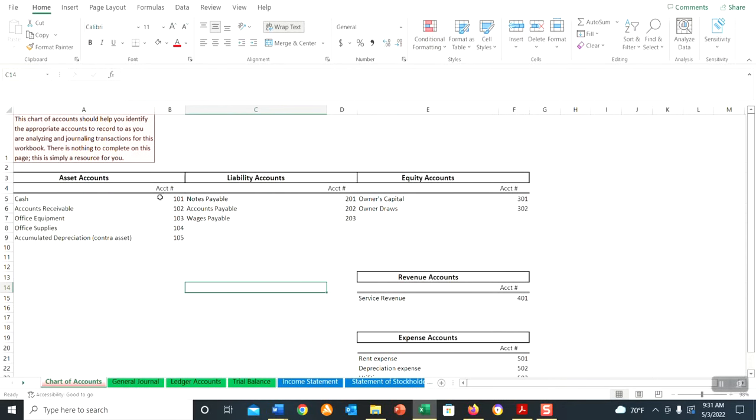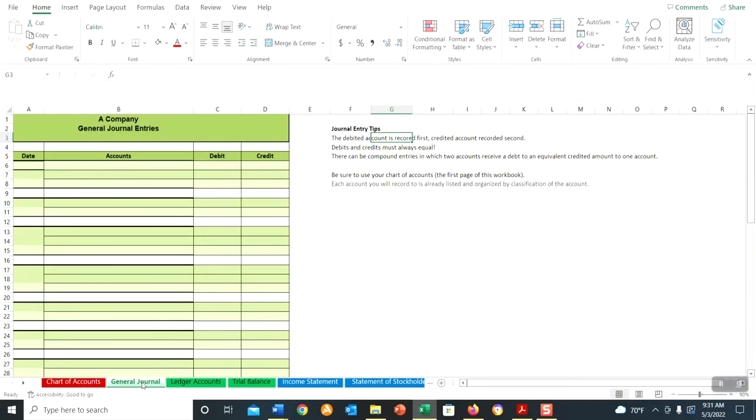After you familiarize yourselves with the accounts that you'll be recording to, your first step is going to be journaling these different transactions. Notice we've provided you some tips here. The debited account is always recorded first, the credited account recorded second. So we'll take a look at that. For every entry that we enter here, we will always record to the debited account first and the credited account second.